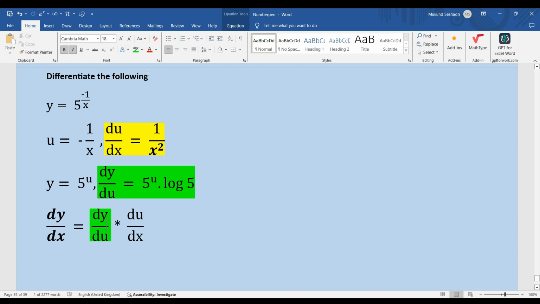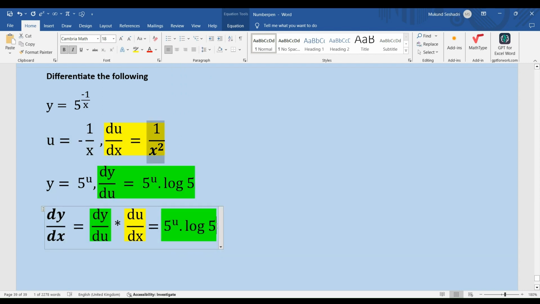So let's pick that out and let's write it as it is, my 5 to the power u times log 5. I write it as it is, and my du by dx is what we worked out and highlighted in yellow, which is 1 by x square. So let me pick that out as well and write it as it is, right?